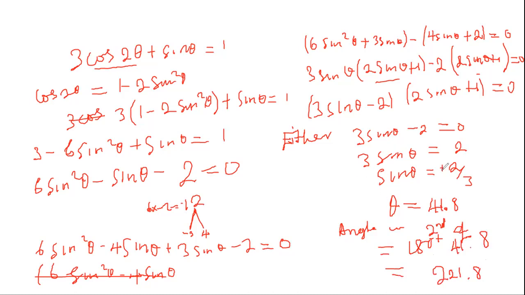Then we shall say or 2 sine theta plus 1 is equal to 0, and sine theta is equal to negative 1/2. Then here we shall take the sine inverse. Because the sign is negative here, our angles are going to be in the third and fourth quadrants.